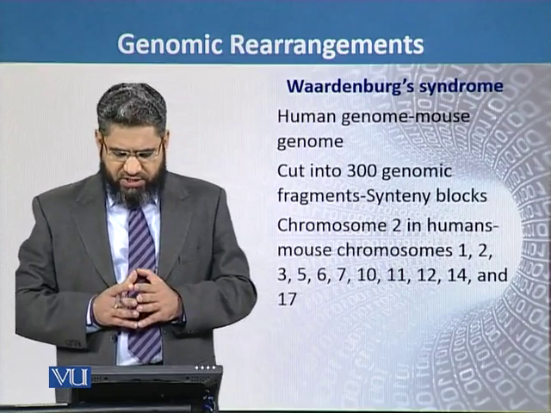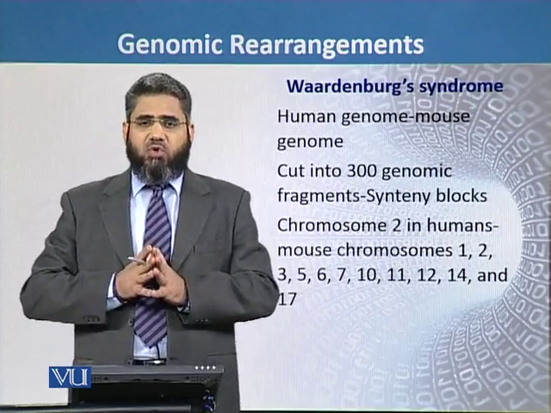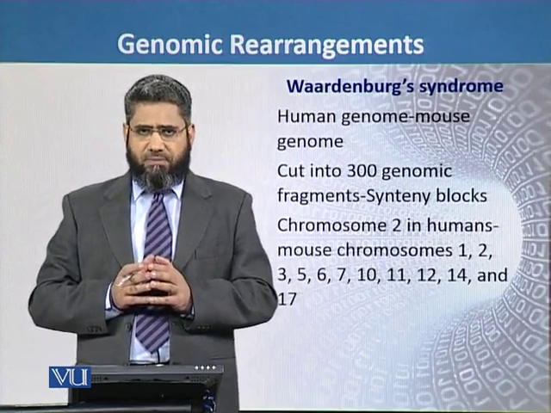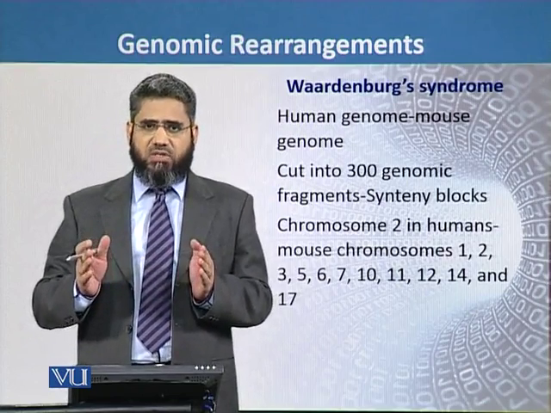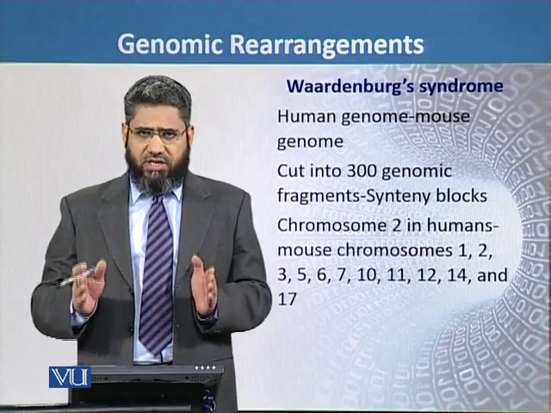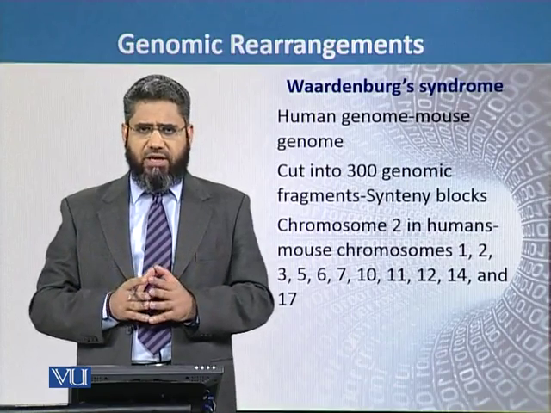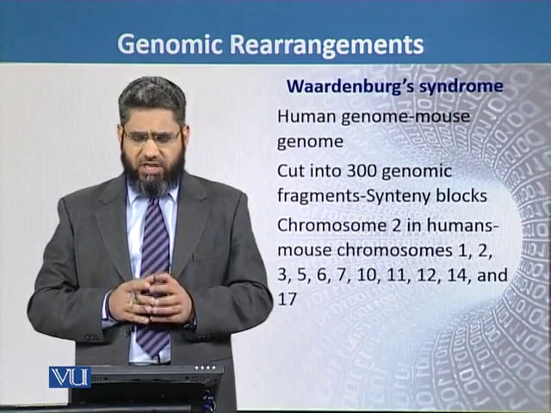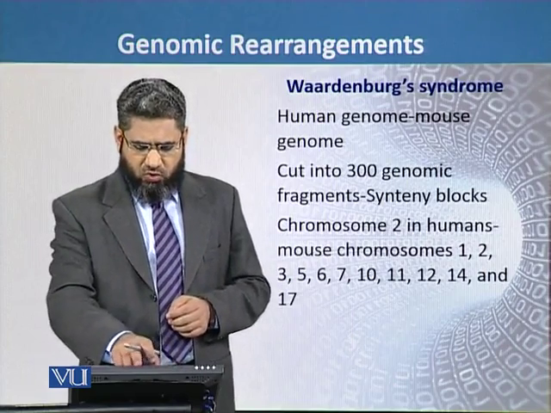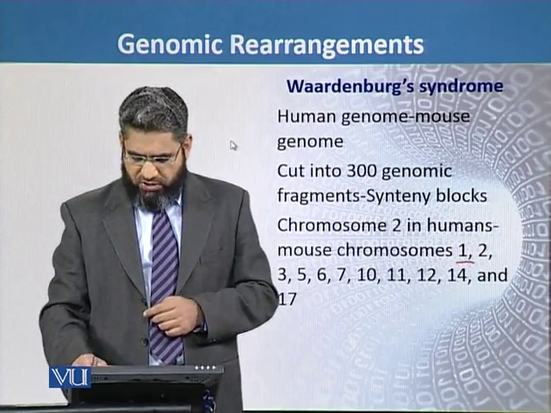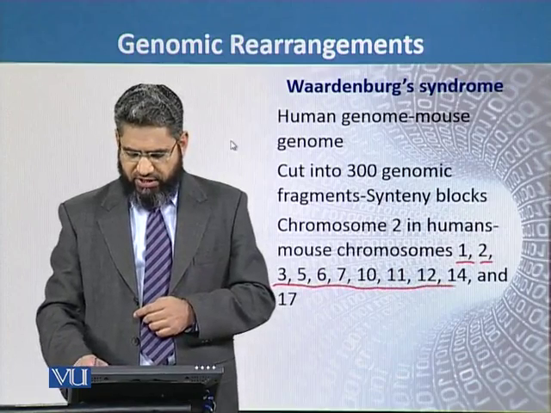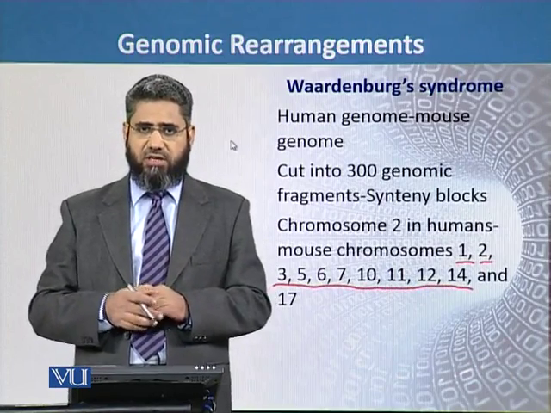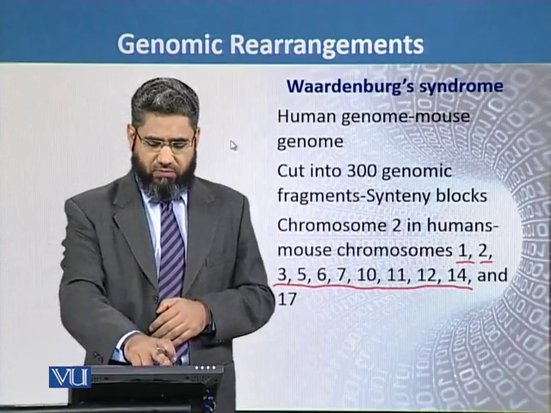For example, chromosome number 2 in humans has the same set of genes that are present in the DNA of chromosomes 1, 2, 3, 5, 6, 7, 10, 11, 14 and 17 within the mouse genome.